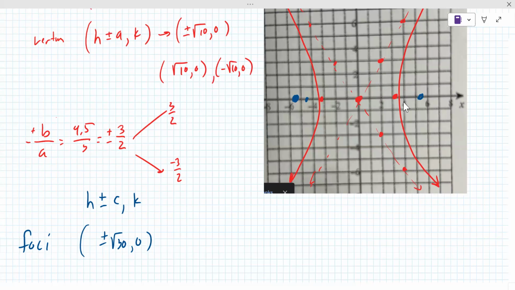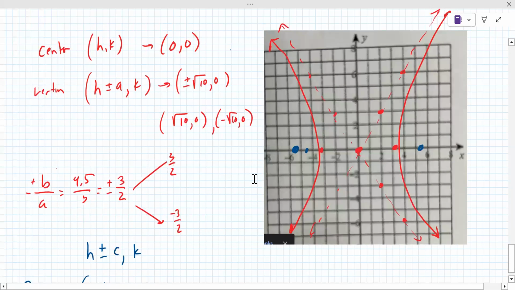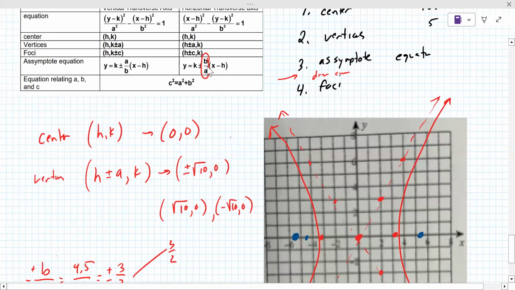For the asymptote equation, do you always have to do the entire equation, or do you just do the A and B? If you start at the center, think about what that means. H and K is the center. That's why they're in the equation. It's actually point slope form. So when you start at the center, you can just look at the B over A always.